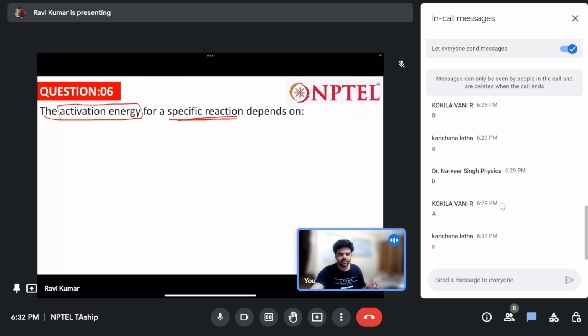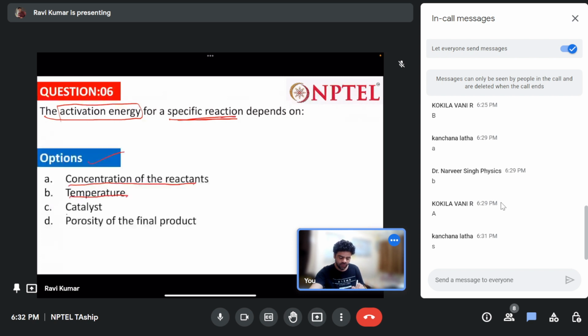Yes, okay. So you must have some idea about activation energy. These are the options. On what does it depend? Does it depend on concentration of reactant, temperature, catalyst, or porosity of final product?